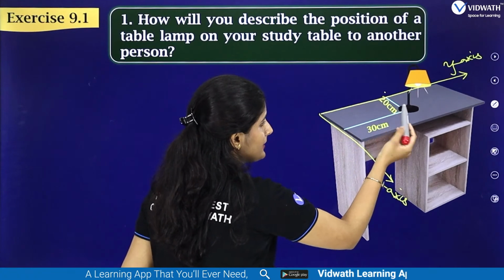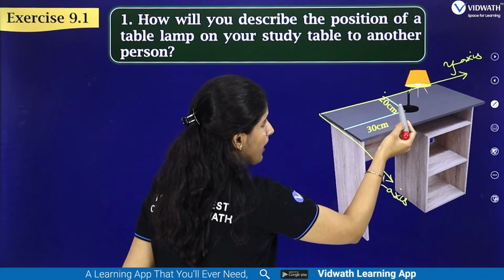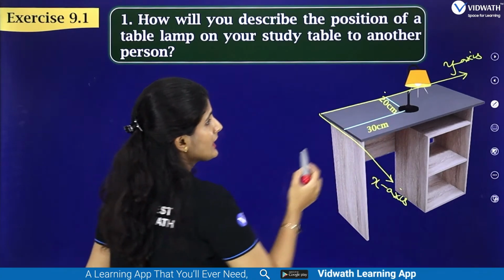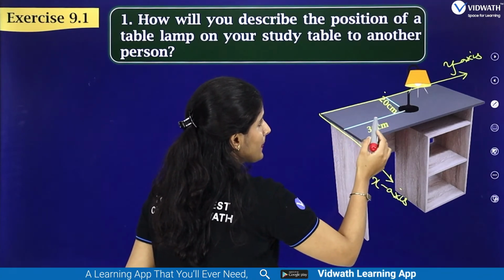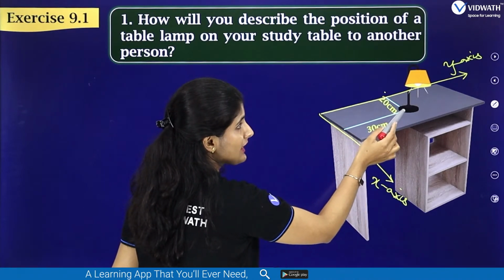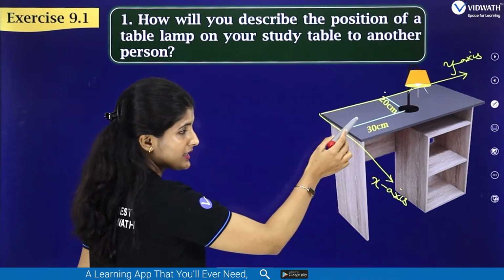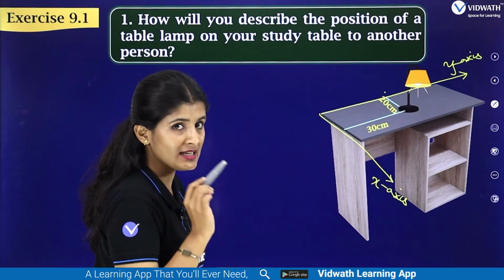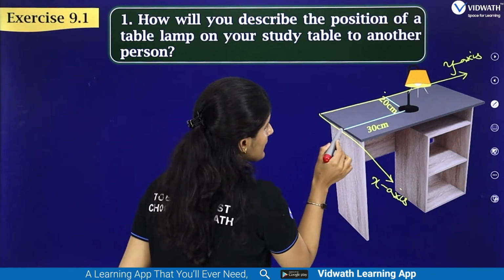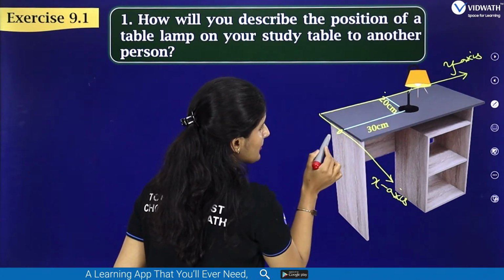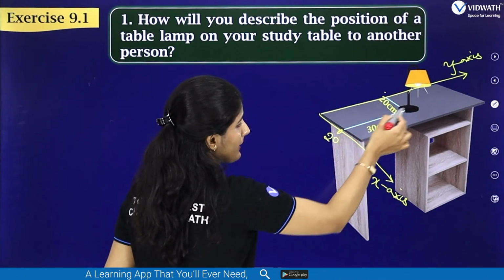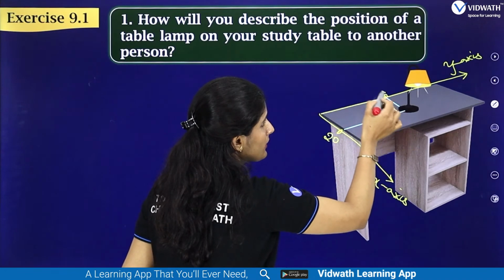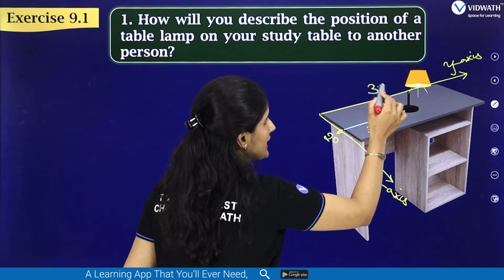If you notice here, the distance of the lamp from the y-axis is 20 centimeters and the distance of the lamp from the x-axis is 30 centimeters. That means the point on the x-axis where the perpendicular meets the x-axis is 20, and the point on the y-axis where the perpendicular meets the y-axis is 30.